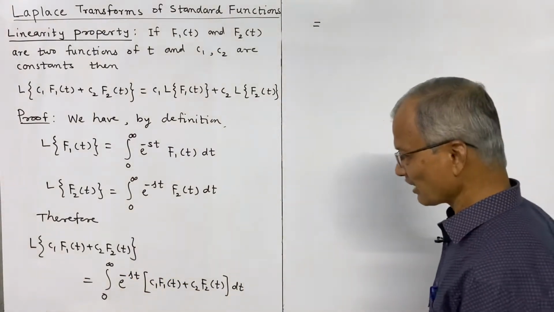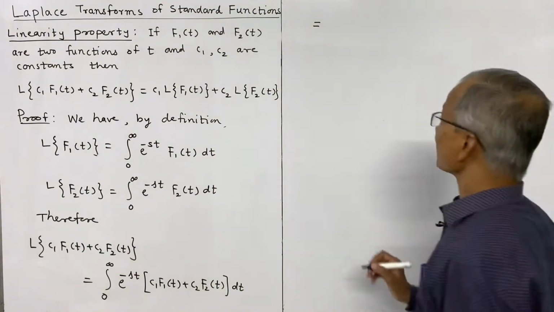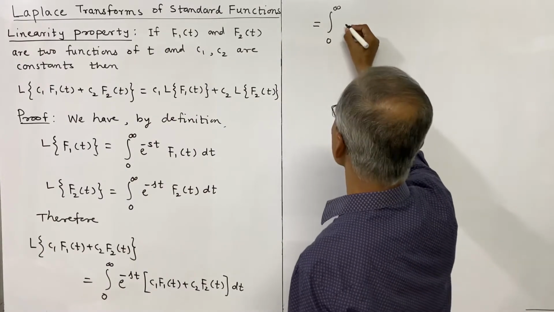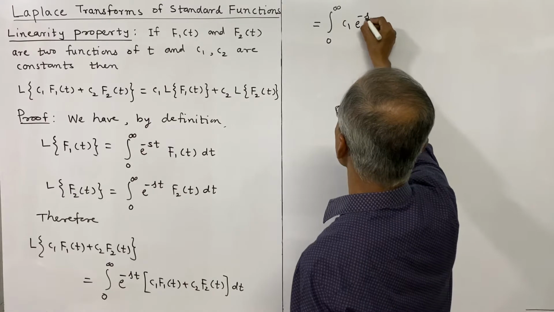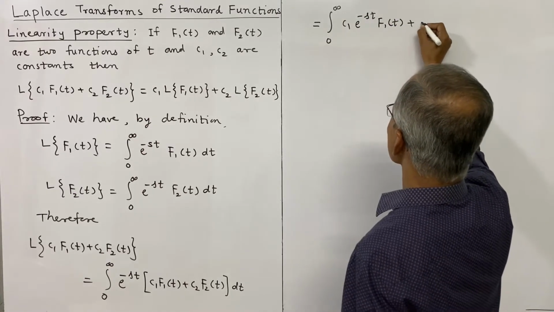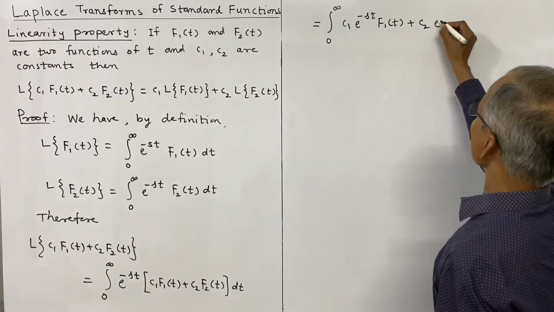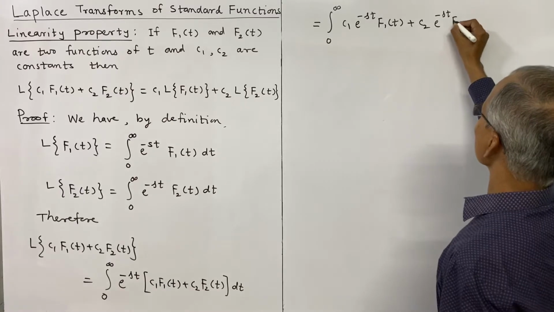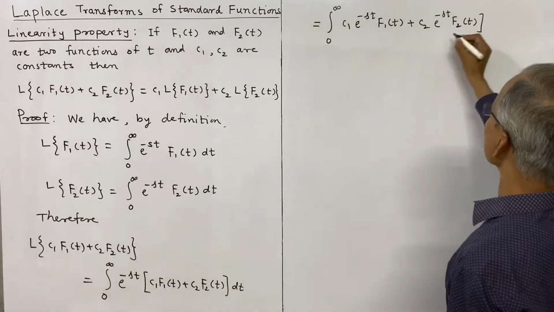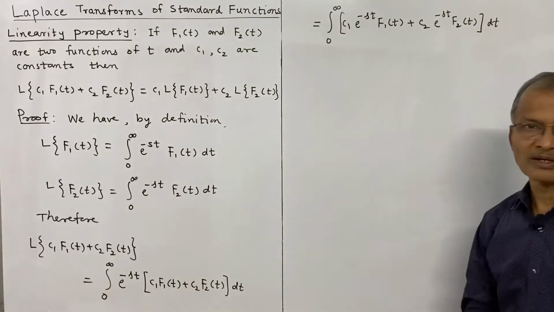It is only a simple property of definite integral. First we can write it as integral 0 to infinity of c1 e to the power minus st into f1(t) plus c2 into e to the power minus st into f2(t), and after multiplying this, the integration is with respect to dt.